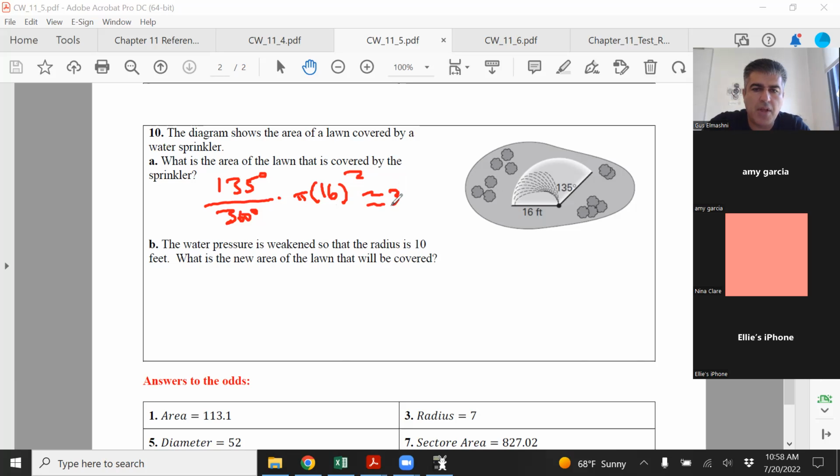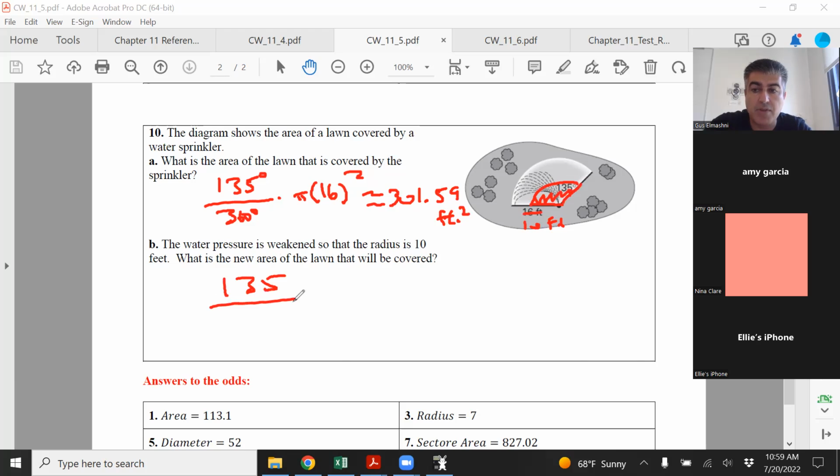So we have this much lawn covered. Square feet. But what if the water pressure is weakened and only 10 feet is the radius? So that's 10 feet, right? So now it's not covering as much of an area. It's covering less grass.